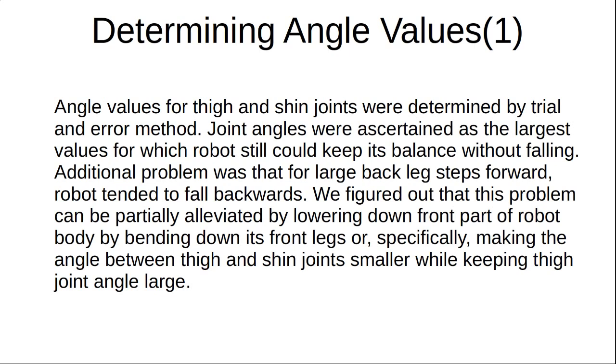We figured out that this problem can be partially alleviated by lowering down front part of robot body by bending down its front legs, or specifically making the angle between thigh and shin joints smaller while keeping thigh joint angle large.